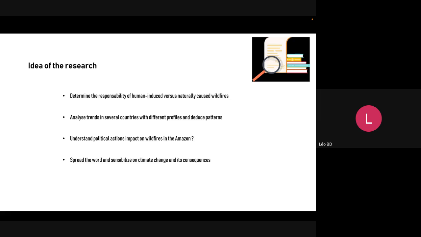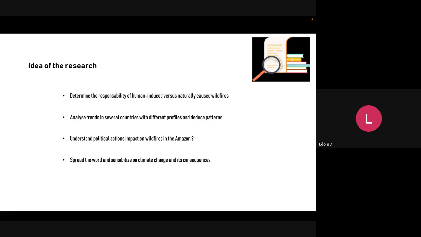You cannot say that a wildfire was caused half by a political action and half by high temperatures. But if we do concrete research, we can try to find patterns and, as I said before, understand what is happening and take correct political actions to counteract wildfires. So this is basically what the research is about.